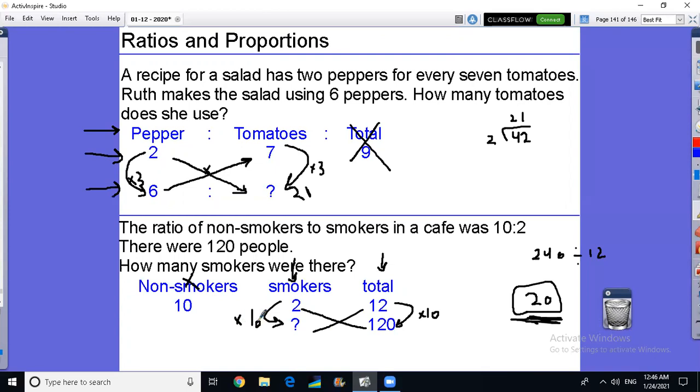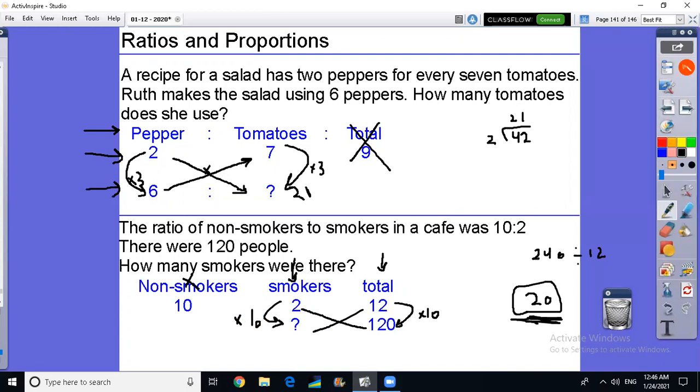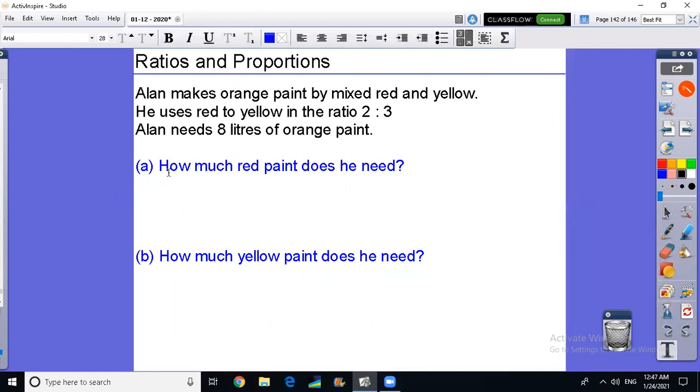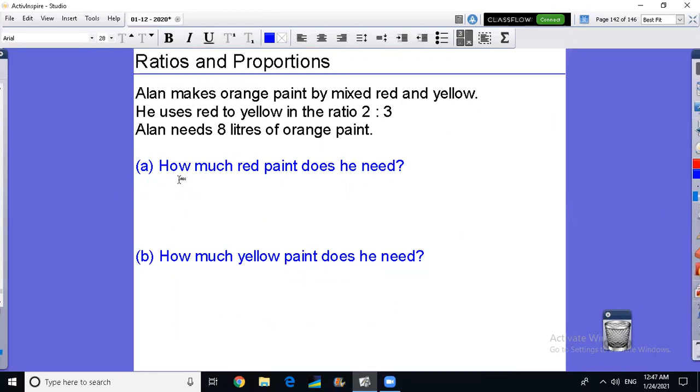I totally agree with you, but it doesn't always work this way, unfortunately, as you see in this question. Alan makes orange paint by mixing red and yellow. So here I have red and yellow.